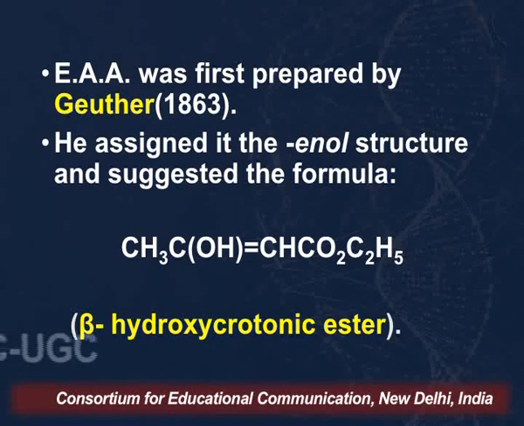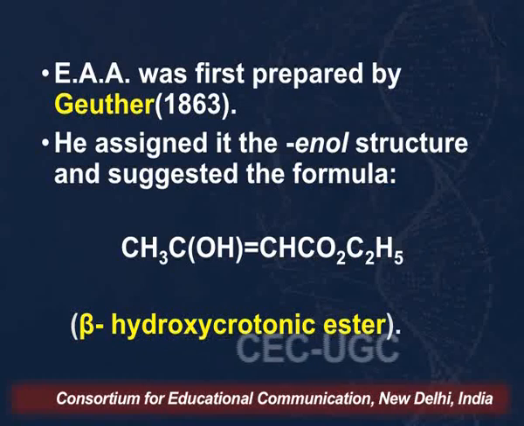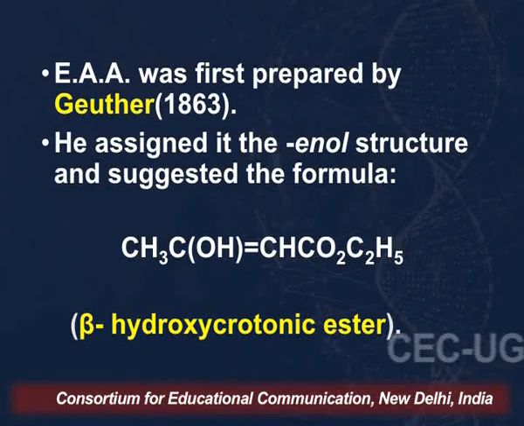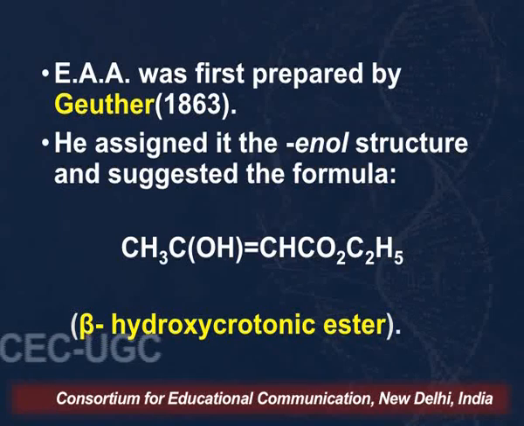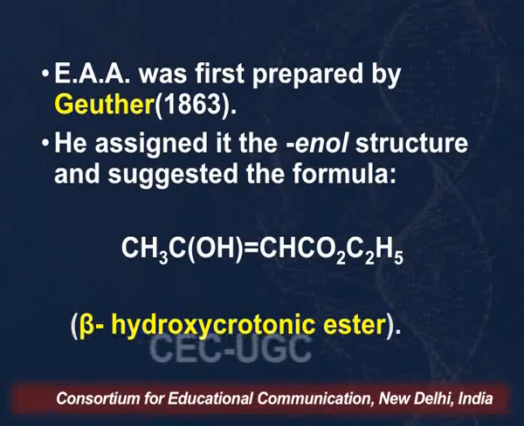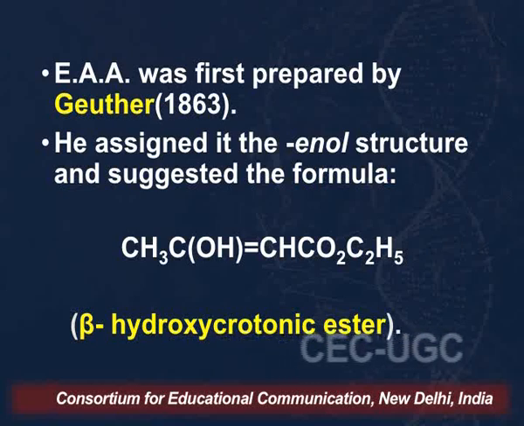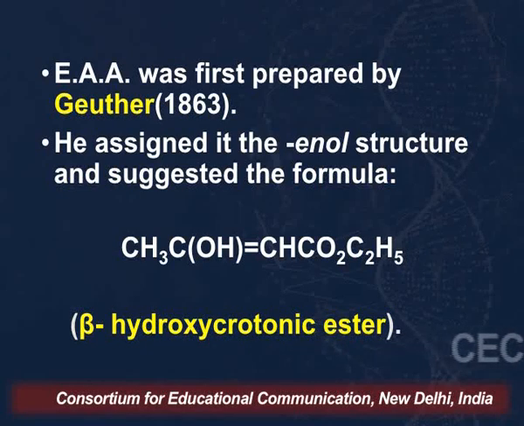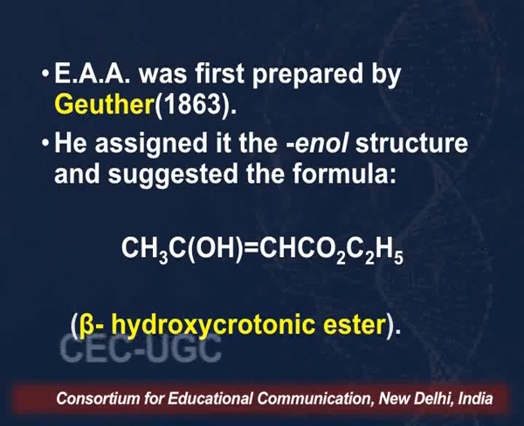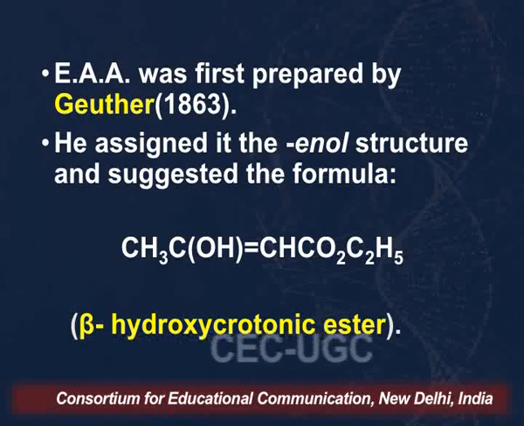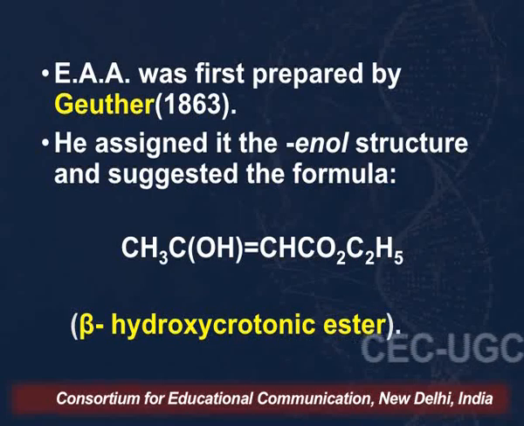So he assigned it the enol structure and suggested the formula CH3C(OH)=CHCOOC2H5, which clearly indicates that this is a beta-hydroxycrotonic ester.